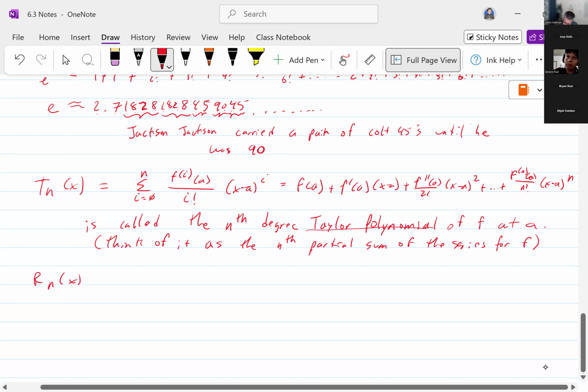R sub n of x is called the remainder of the Taylor series. Oops, Taylor's capital T. Remainder of the Taylor series. Underlined remainder here.